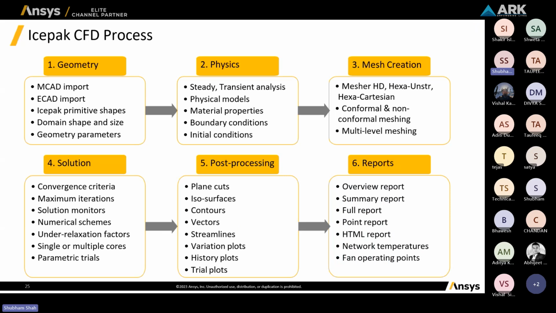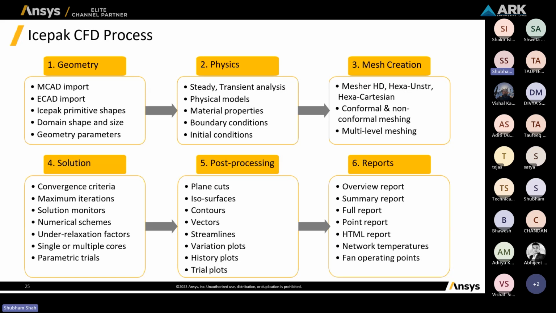So basically, this is the Icepak CFD process. Step one is the geometry, whether it's MCAD or ECAD geometry import, or you have created your geometry using Icepak primitive shapes, with the dimensions and sizes and the different geometrical parameters you have given.